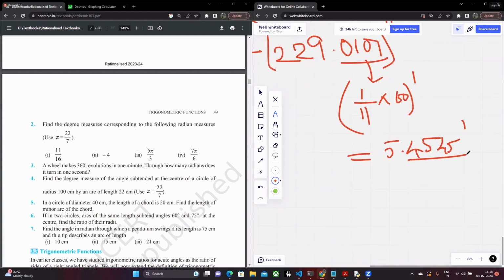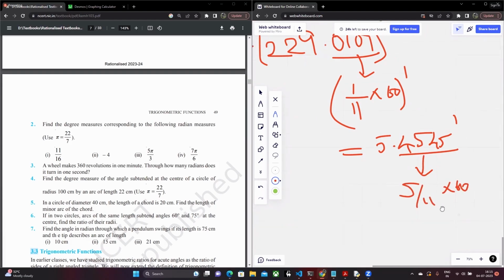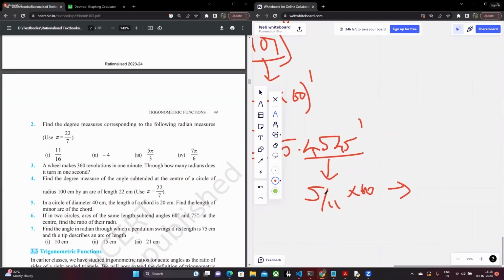And again, this part is going to be 5 by 11. If I multiply this by 60, I'll get this is what? 300 by 11. That is going to be 27 point what?